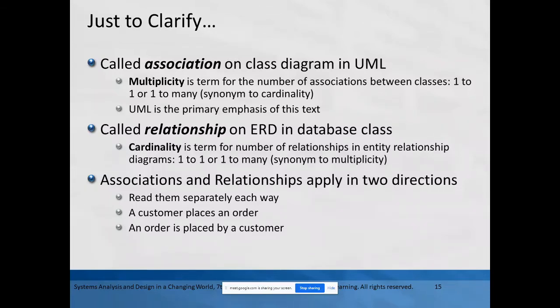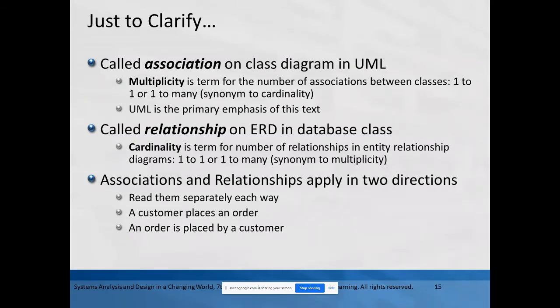The type of relationship or association would be called multiplicity in UML and is called cardinality in entity relationship diagrams. You have two choices in either one of these, which would be a one-to-one type of relationship or a one-to-many type of relationship.